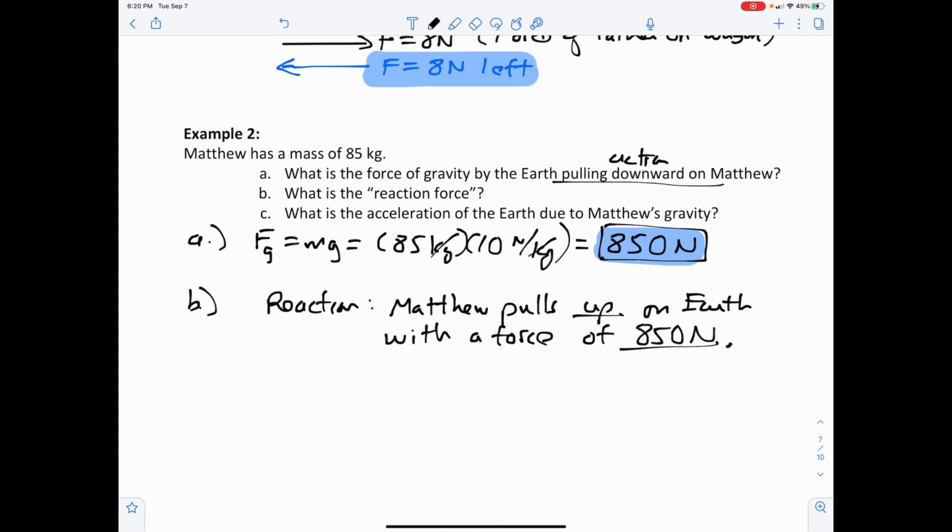Okay, so the action force is Earth pulling down on Matthew with a gravity force of 850 newtons. Matthew, in turn, applies a force upward back on the Earth of equal magnitude, opposite direction, also 850 newtons.